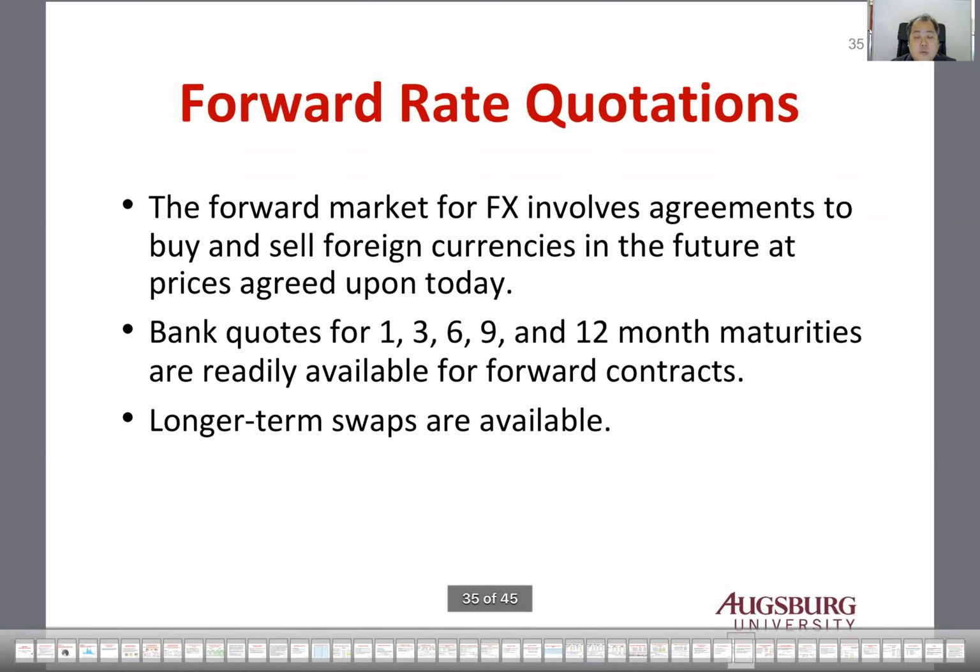Banks quote for 1, 3, 6, 9, and 12-month maturity. So basically 1 month later, 3 months later, 6 months later, 9 months later, and 12 months later, at an agreed price for the contract. For longer terms, swaps are available.